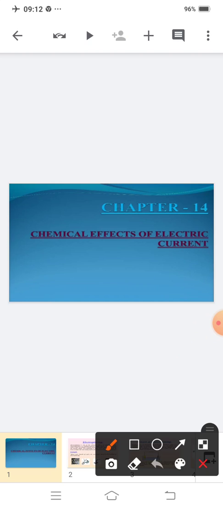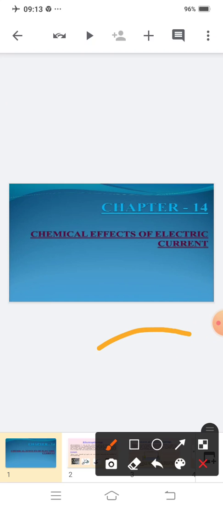It is used for refining of metals. Electrolytic metals like zinc, copper and silver are refined like this. It is used for electroplating. So now in this video we are going to study electroplating.